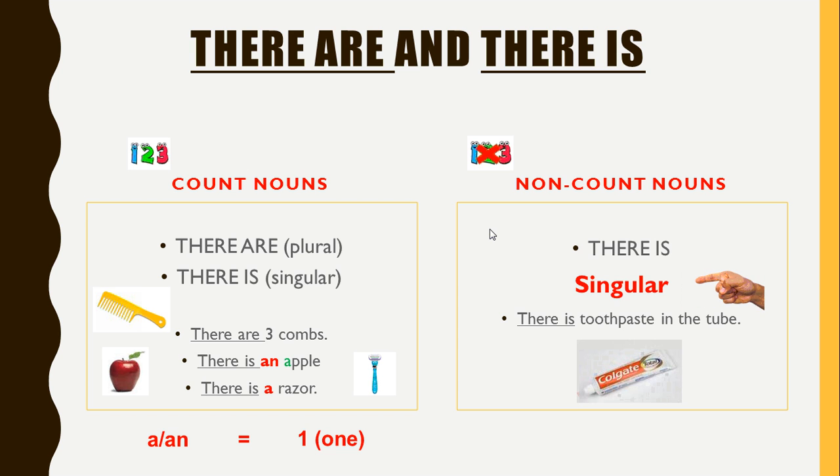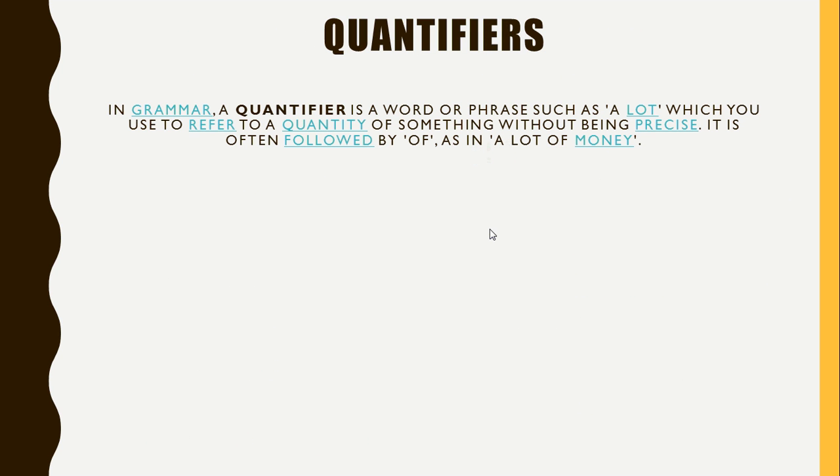Good. With this in mind, we shall continue. In grammar, a quantifier is a word or phrase such as a lot, which you use to refer to a quantity of something without being precise. It is also followed by of, as in a lot of money. When we don't have a quantity, we use a quantifier.